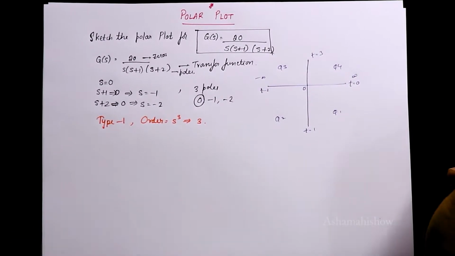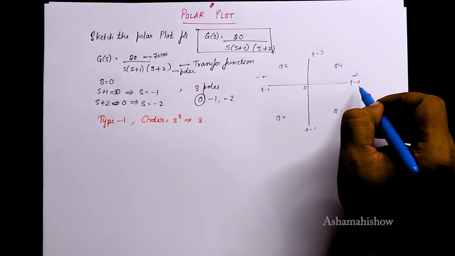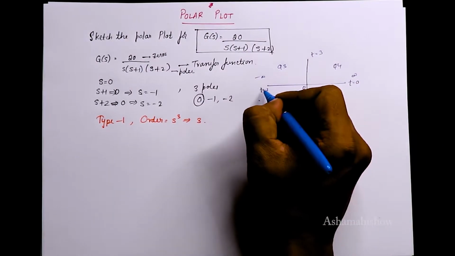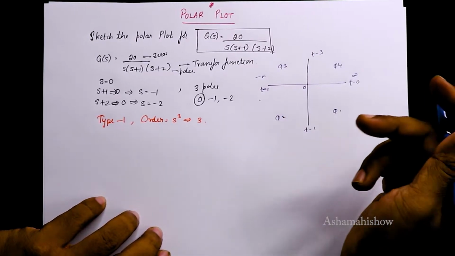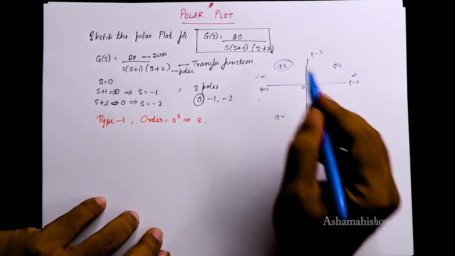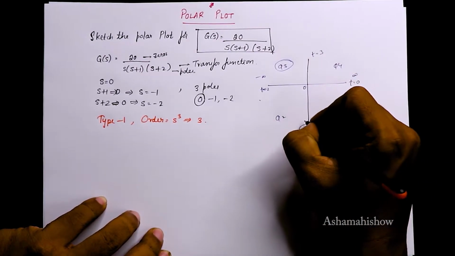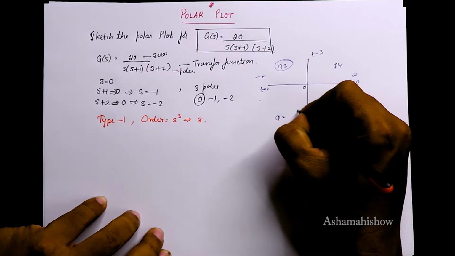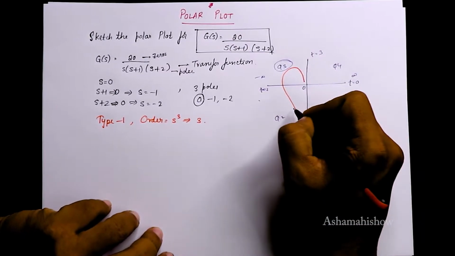As I said before, type 0, type 1, type 2, type 3 imply the types, and the quadrant implies the order. So this is a type 1 system and order 3. Your graph will start from here, and it reaches 0 at quadrant 3. So your graph will be something like that.